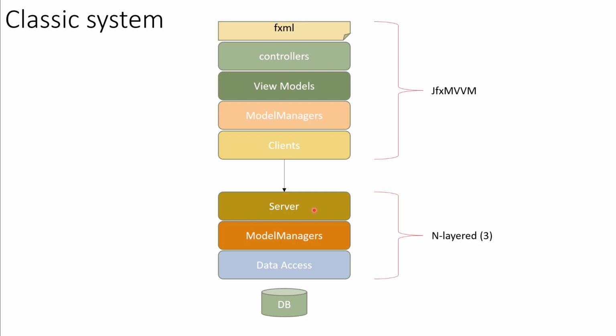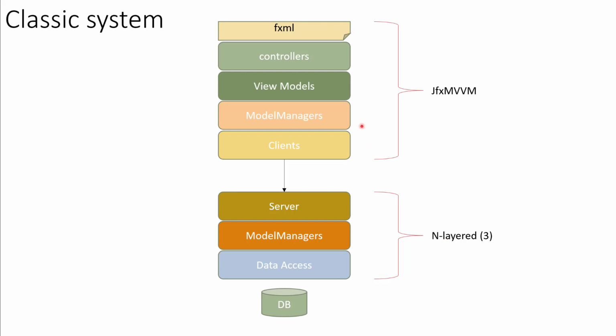And then on the server side you also have some layers. This is usually what the students figure out, maybe by themselves or maybe they're prodded along, but we have different responsibilities. The server accepts incoming connections and requests, and then we have whatever's supposed to be logic down here, and then some data access which talks to the database. And this is a pretty classic approach called n-layered architecture, and here we have 3, but you can have more layers, so that's the n.